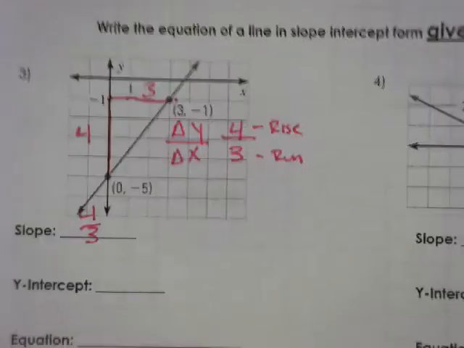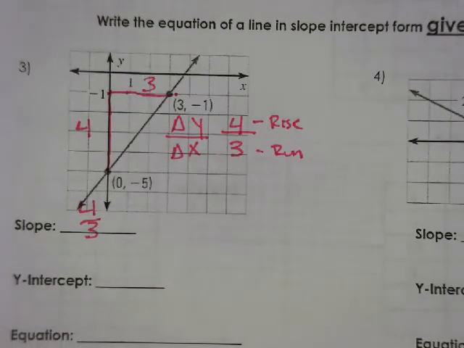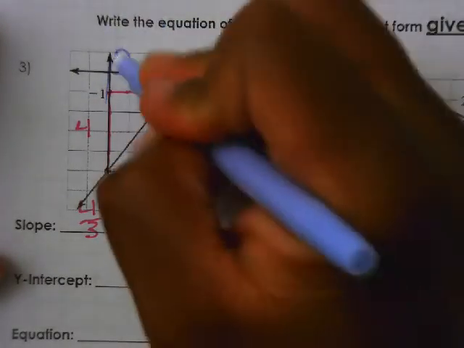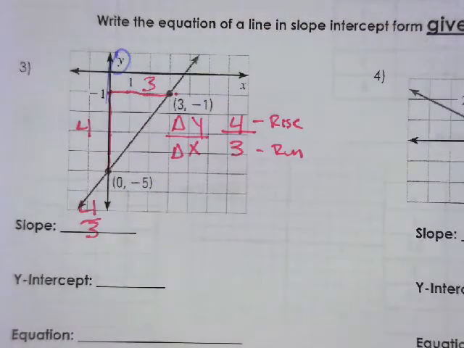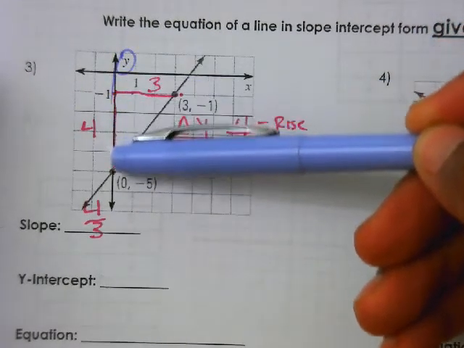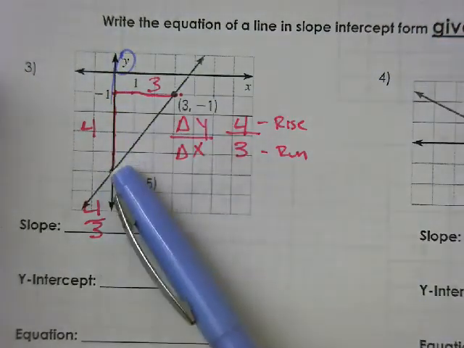Now it's asking us what is the y-intercept. Again, the y-intercept is where the line crosses the y-axis. The y-axis is the vertical axis here. So where does this line cross the y-axis? We can start at the top and bring your pencil down until you figure out where that line crosses. It crosses right here.